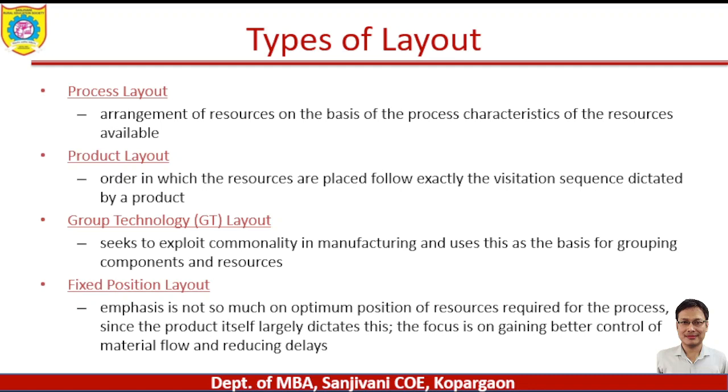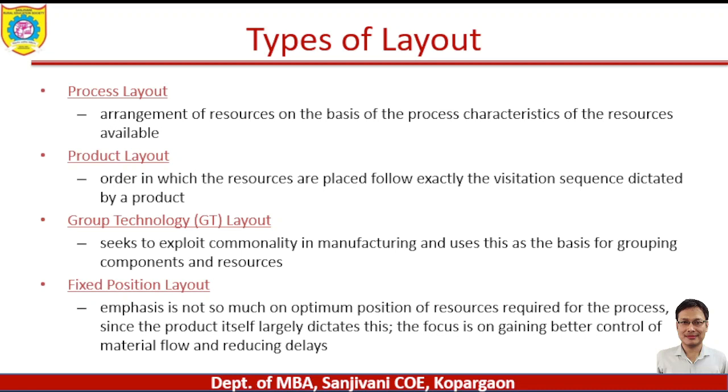The first one is process layout. Process layout involves the arrangement of the resources required for production on the basis of the requirement of the process or the functions carried out during production.